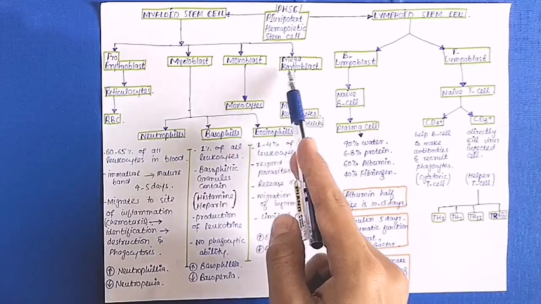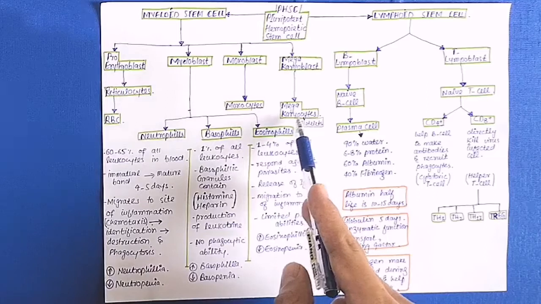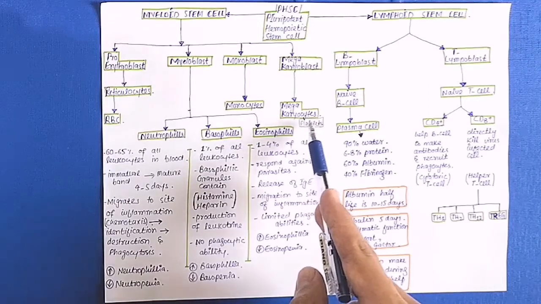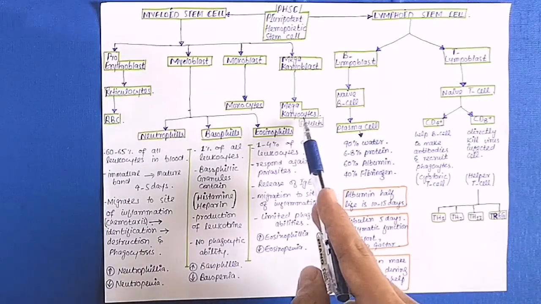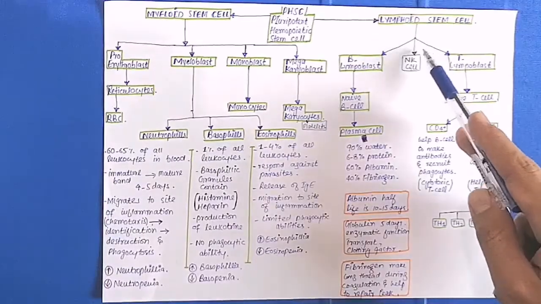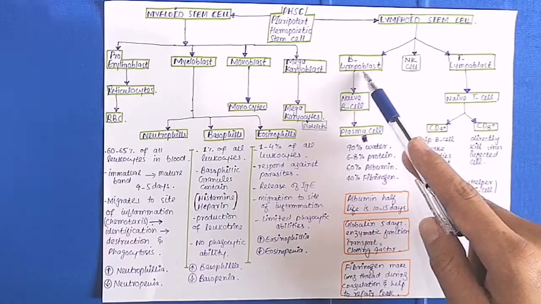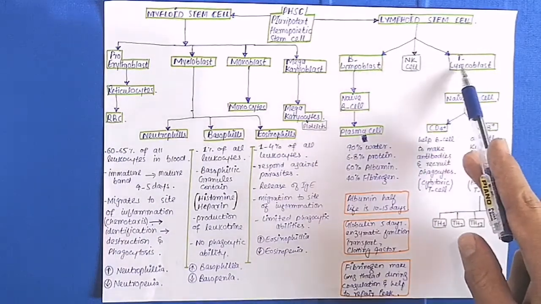And the last one is megakaryoblast, which becomes megakaryocytes and then platelets in blood, and they are replaced in blood every 10 days.